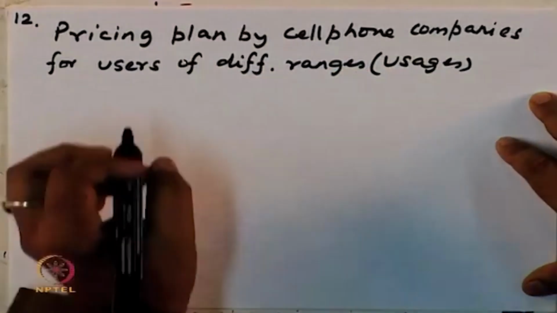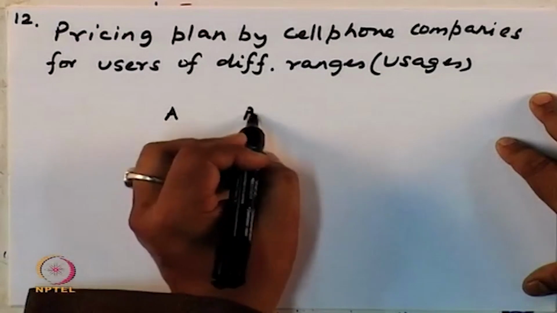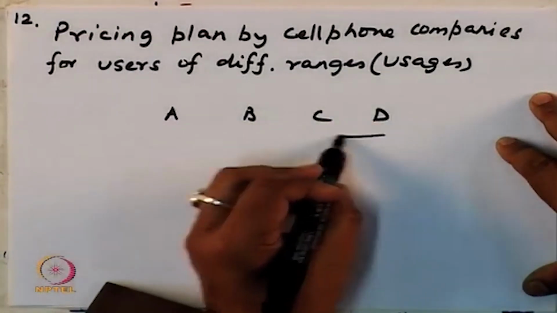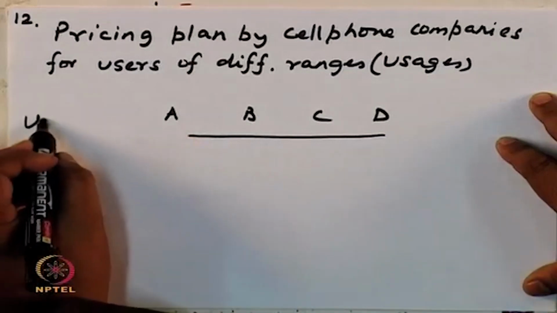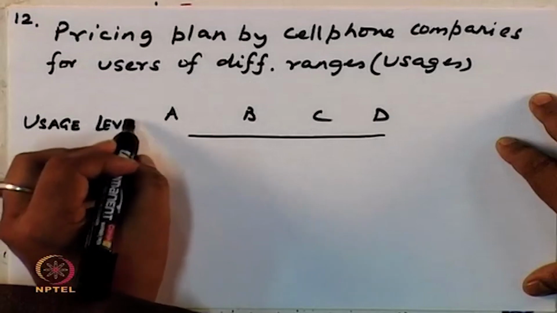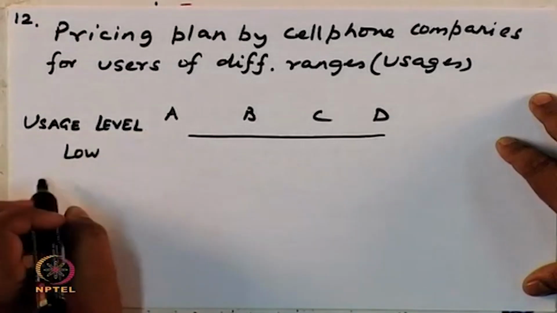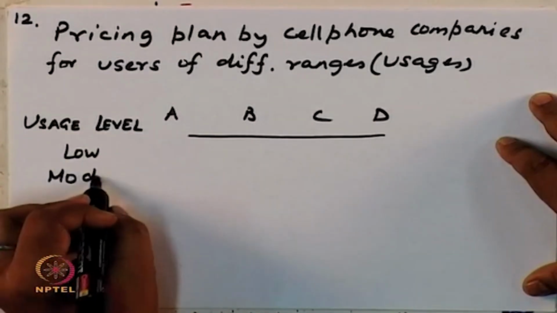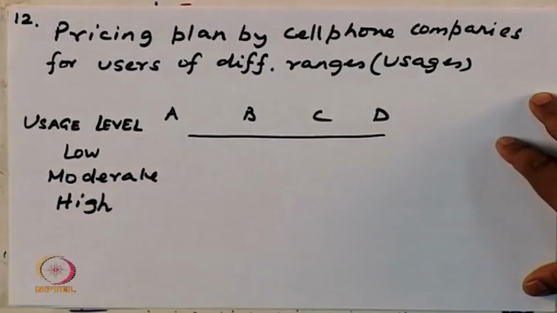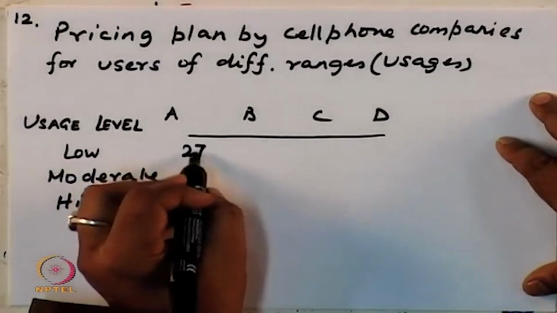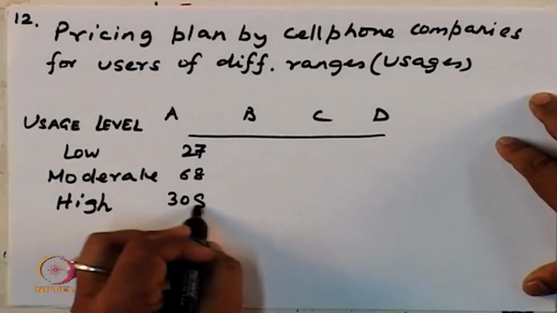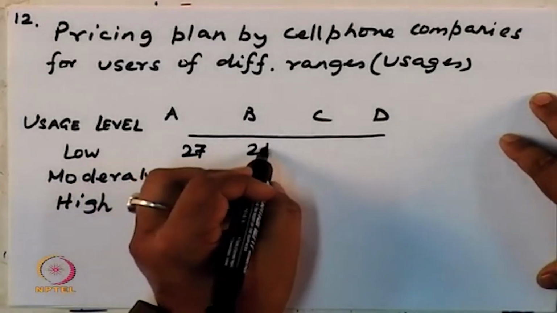Imagine there are 4 companies A, B, C and D, and as per the usage level, it can be low, moderate or high, and let us say you have sample rates at which they charge.